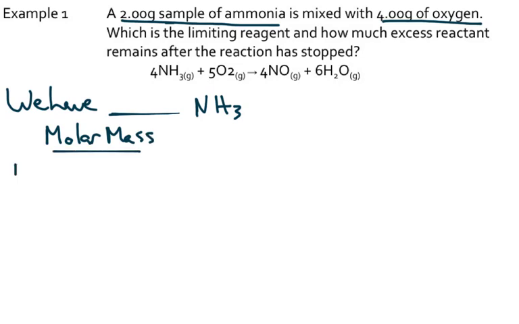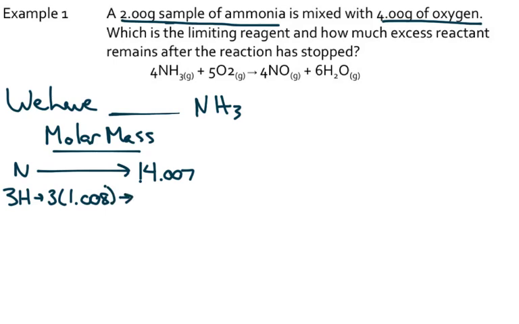So in ammonia, we have 1 nitrogen weighing 14.007 grams per mole, 3 hydrogens, each weighing 1.008, up to 3.024. Adding that up gives us a molar mass of 17.031 grams per mole.